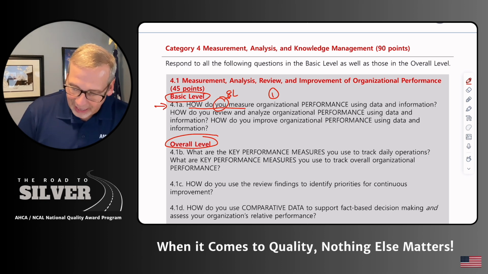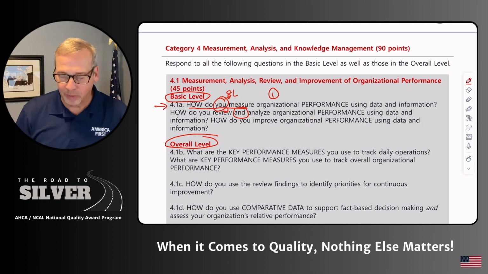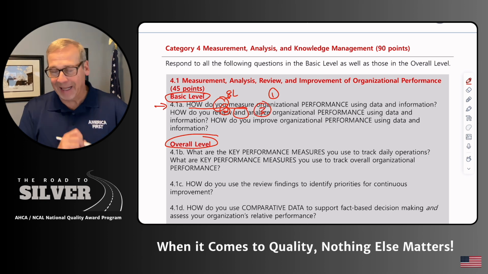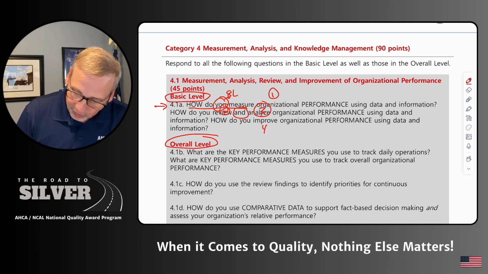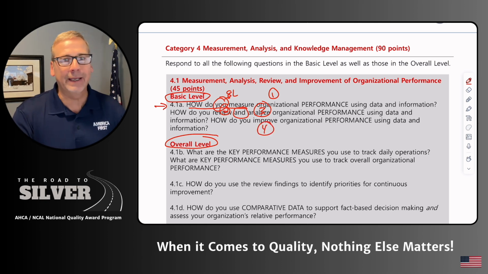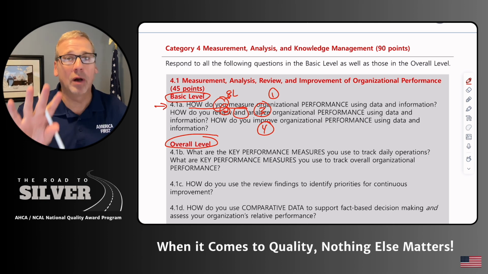Question number 2, how do you review? Watch that little and. That and means there's more than one part. This is question number 2. How do you review organizational data? Question number 3, how do you analyze organizational data? And question number 4, how do you improve?